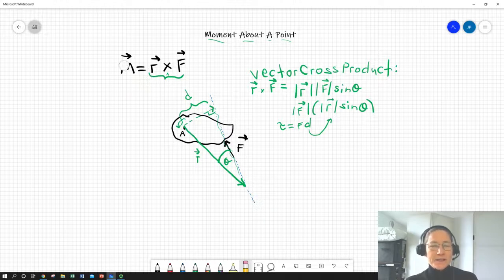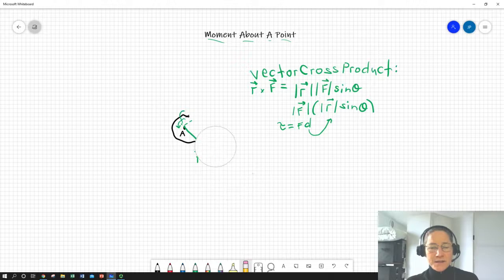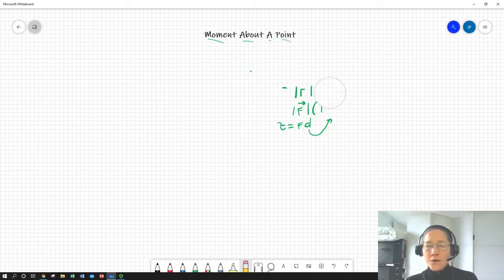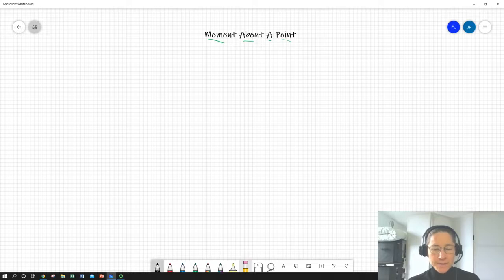But in other cases, that perpendicular distance isn't nearly as easy to find, and we may have a coordinate grid with a collection of points, and our forces and our positions may be defined by those points. And so it is much easier to use the algebraic definition of the cross product rather than the geometric expression with the cosine theta. It ends up meaning the same thing. So let's do a little example.